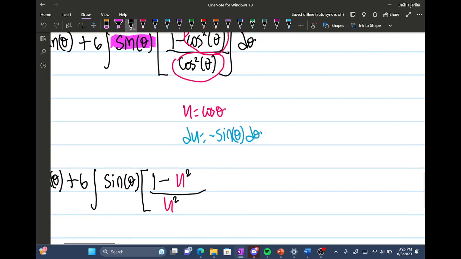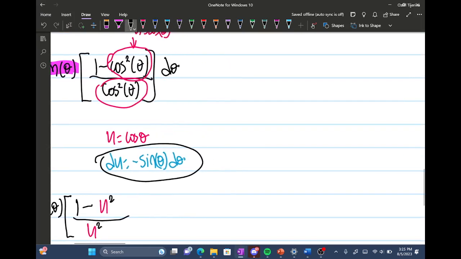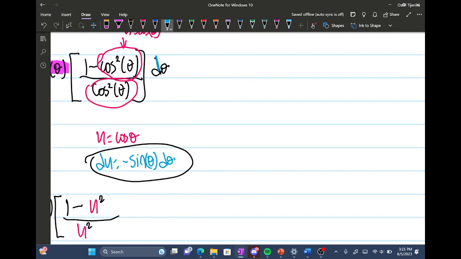And then again, du. So if I actually solve this for d theta, I know that the way that I do that is by dividing by negative sine of theta on both sides. We have to do that in order to solve for d theta.